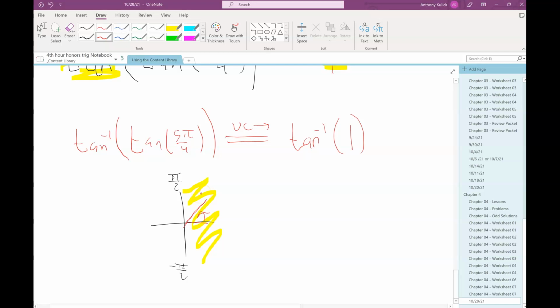We're not using an alpha there; we're just pointing out what angle we're finding. So I just go back to my unit circle and look in quadrant 1 for the place where x and y are the same. That's at pi over 4.